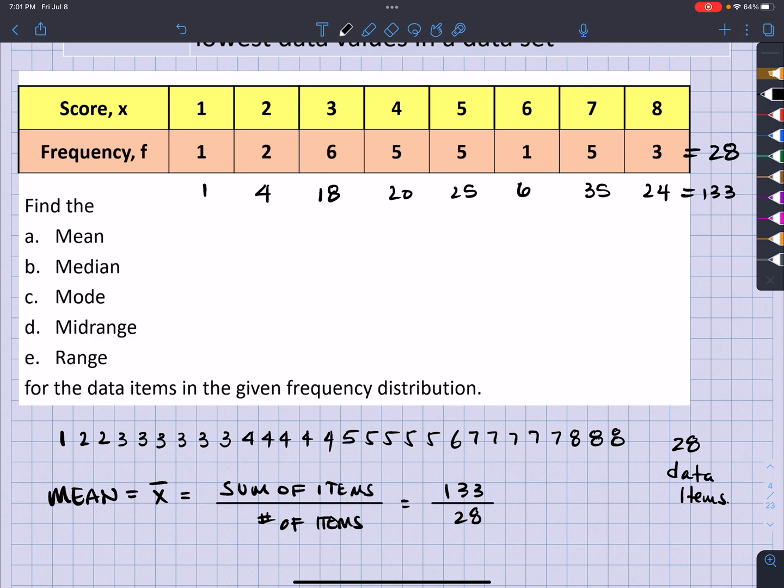Let's see what 133 divided by 28 is going to give me. That's going to give me 4.75. So that will be my mean. Median.